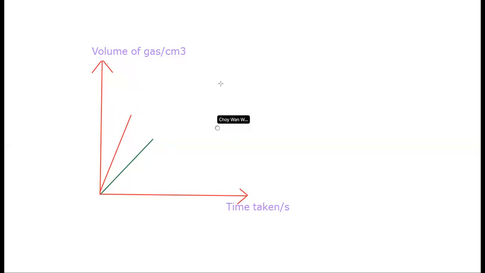Okay, and the zinc is in excess, meaning to say the number of mole of the hydrochloric acid for both sets are the same.